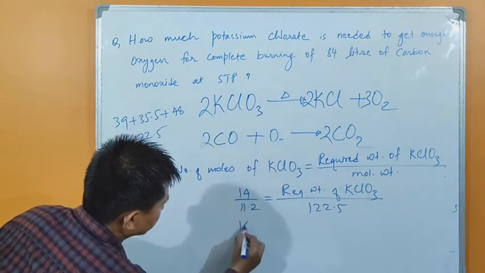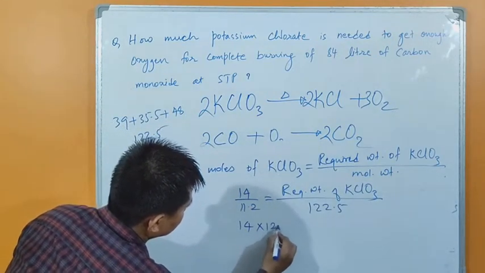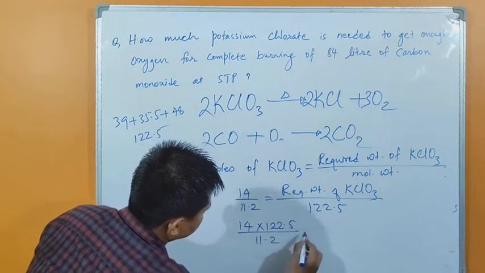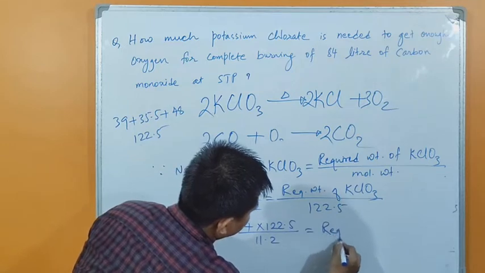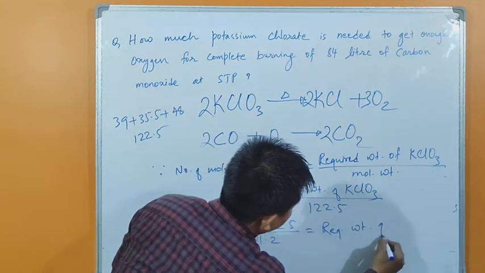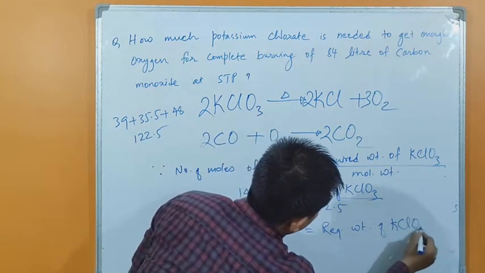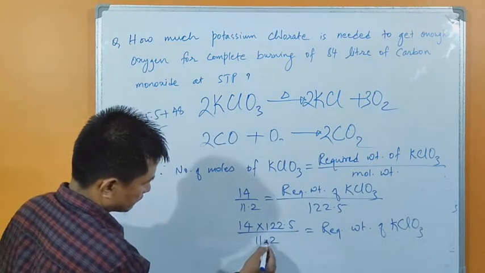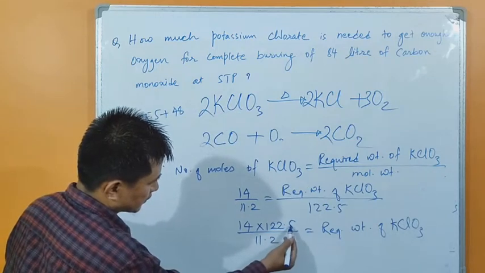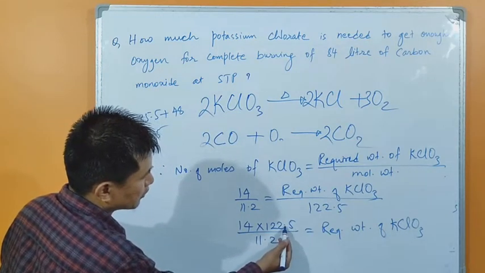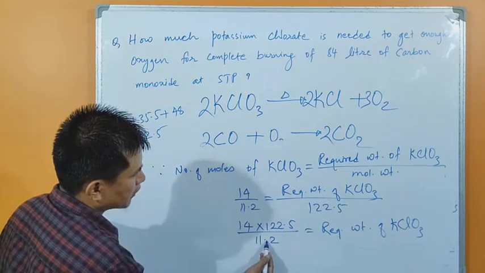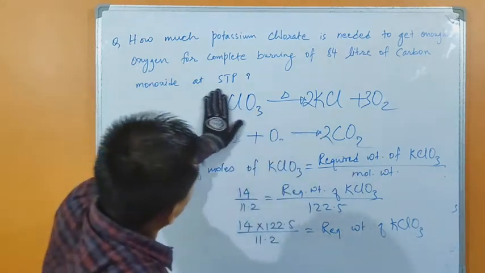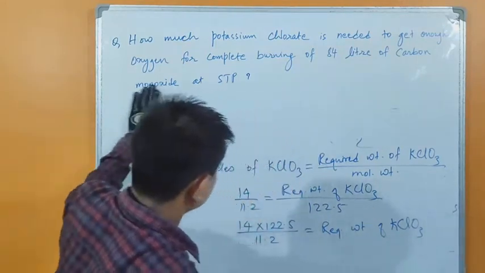122.5 into 14. 14 into 122.5 divided by 11.2 equal to required weight of KClO3. Let us cancel this out now. You can forget the decimal because there is a decimal in front of one digit in the numerator and there is a decimal in front of one digit in the denominator. So I'm erasing this. Now let us make this calculation very simple.